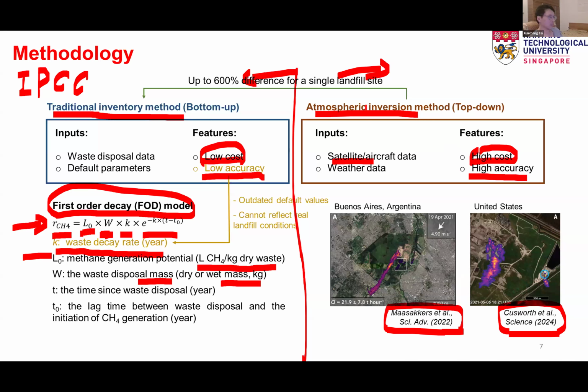So then I started thinking about my own research. Basically, how to improve this IPCC method to make it more accurate while not mobilizing satellites all the time. So that is basically the background and motivation of my research.